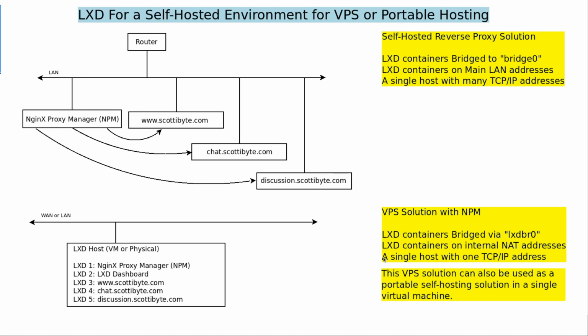And so therefore you would have one single host, that would be the LXD host, with its own single TCP/IP address. And this VPS solution can be used as a portable self-hosting solution inside of a single virtual machine, or perhaps inside of a physical machine.